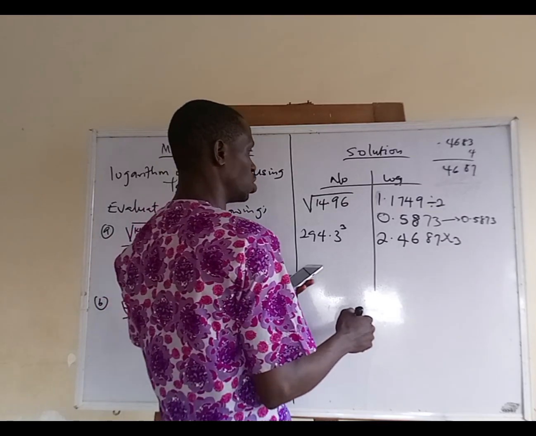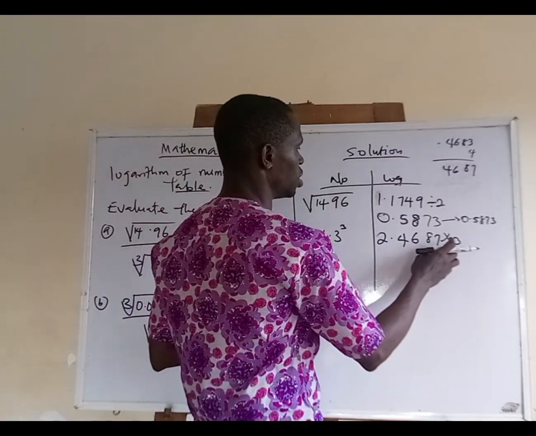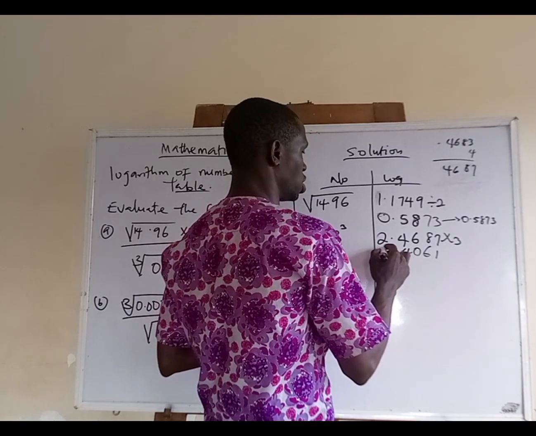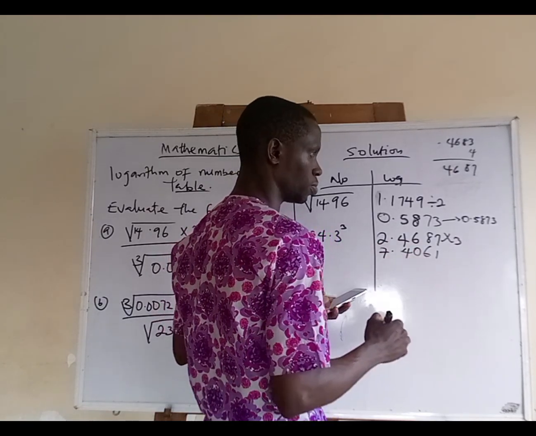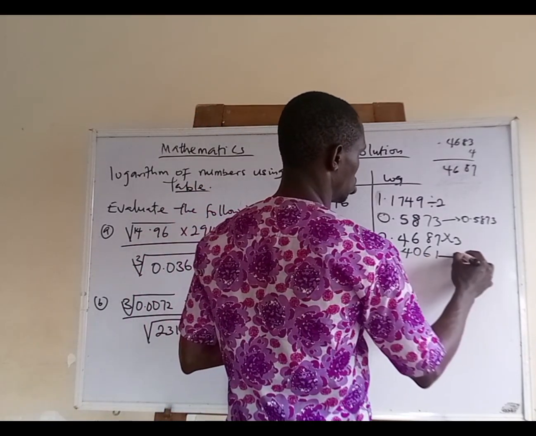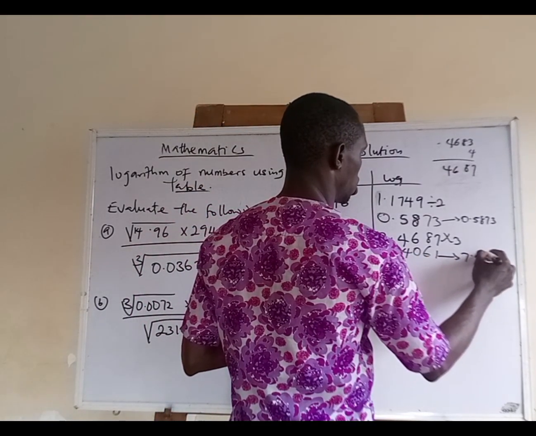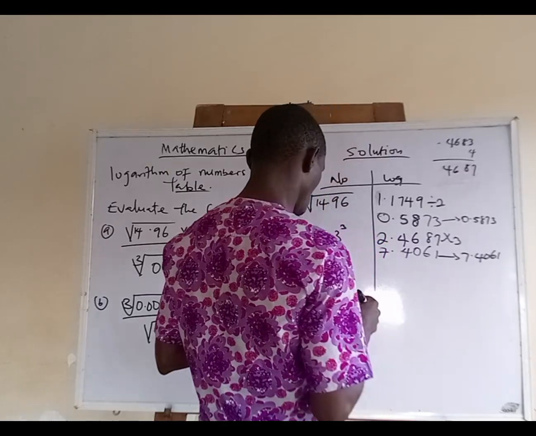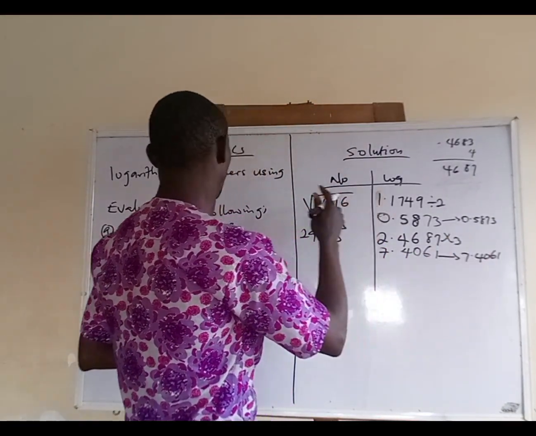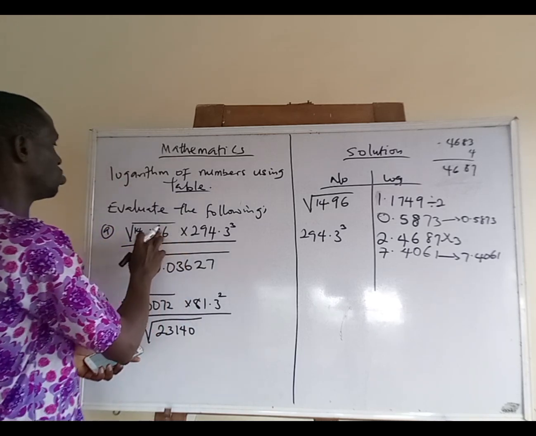So now by the time we multiply, we're going to get 1, then this 6 plus 1 to make it 7 point. Right. So you draw your arrow out, you have 7.4061.